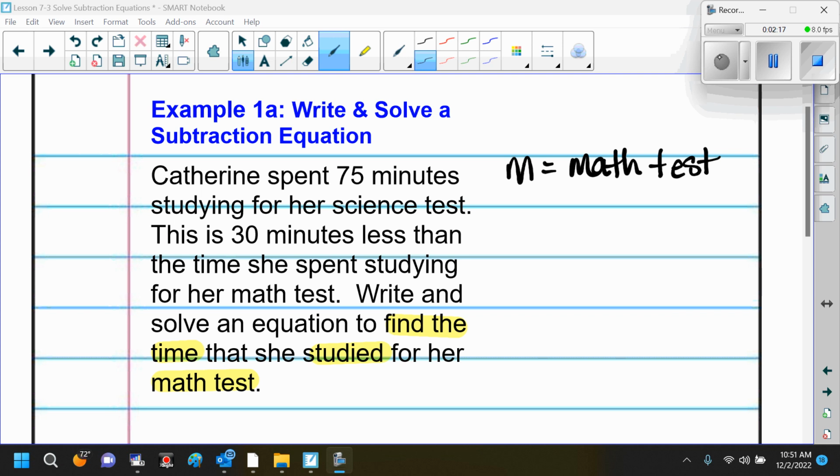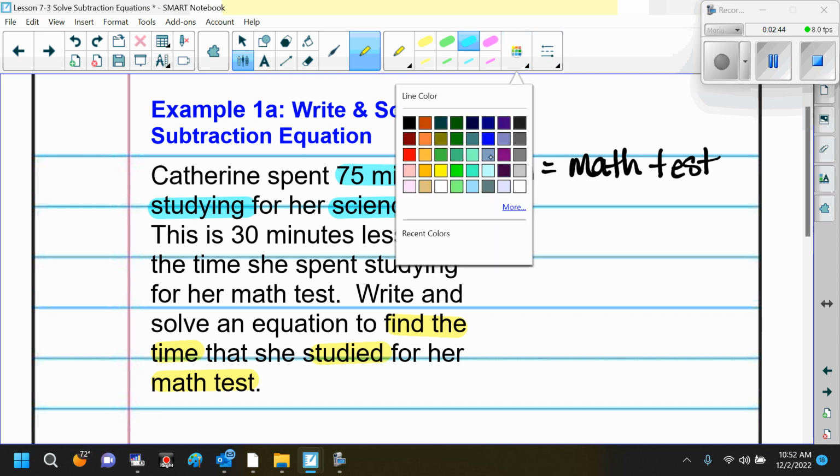So now we want to see what other important information is in there. Very good. So she spent 75 minutes studying for science. And what else is important there? All right.